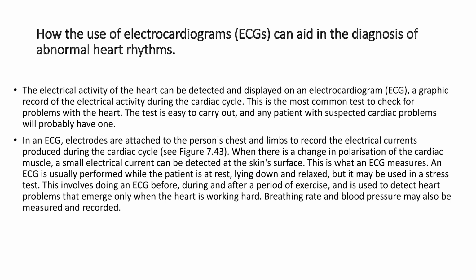This is the most common test to check for problems with the heart. The test is relatively easy to carry out, and any patient with suspected cardiac problems will have one. So, in an ECG, firstly, electrodes are attached to the person's chest and limbs to record the electrical currents that are produced during the cardiac cycle.